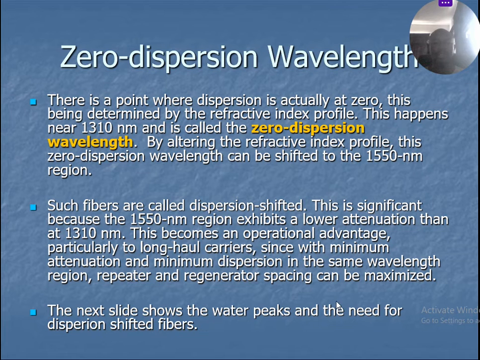So it's a huge advantage. This becomes an operational advantage, especially when we are transmitting through long haul carriers. Since with minimum attenuation and minimal dispersion in the same wavelength region, repeater and regenerator spaces can be maximized in this case. Now, the next phase, let's take a look at the water peak and the need for dispersion shifted fibers.